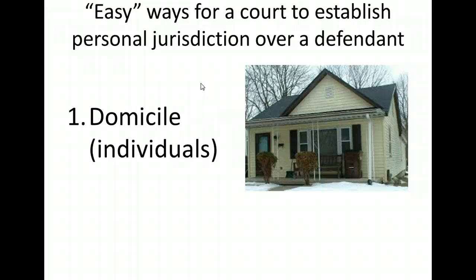This is sometimes referred to as the equivalent of general jurisdiction over an individual, because the individual can be subject to suit in the state where he or she is domiciled, even if the plaintiff's cause of action does not arise from anything that happened in that state.